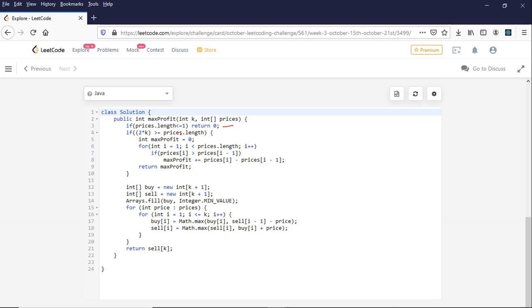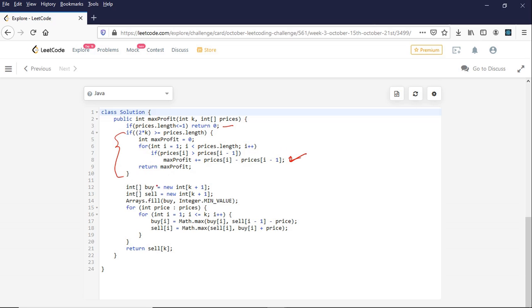In that case, I can simply check if my current price is greater than my previous price, then add current price minus previous price to the profit, and sum that up. So this is a simple optimization to the algorithm.